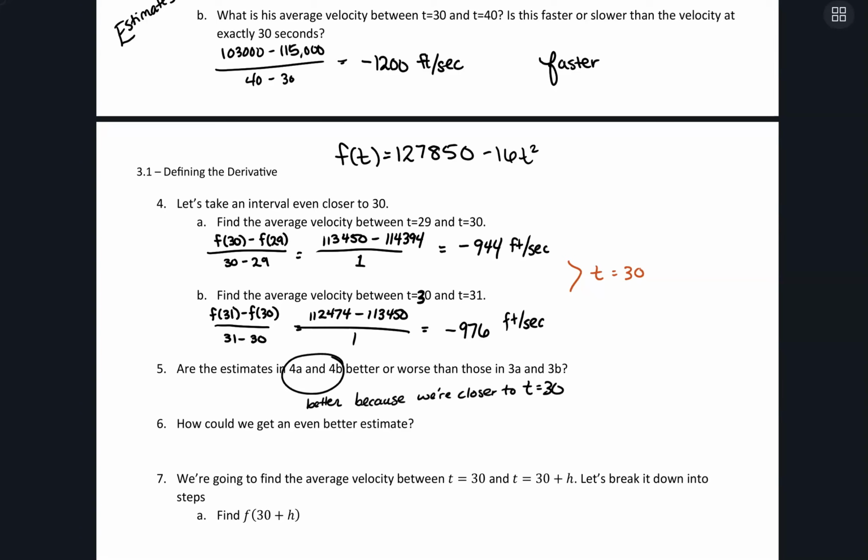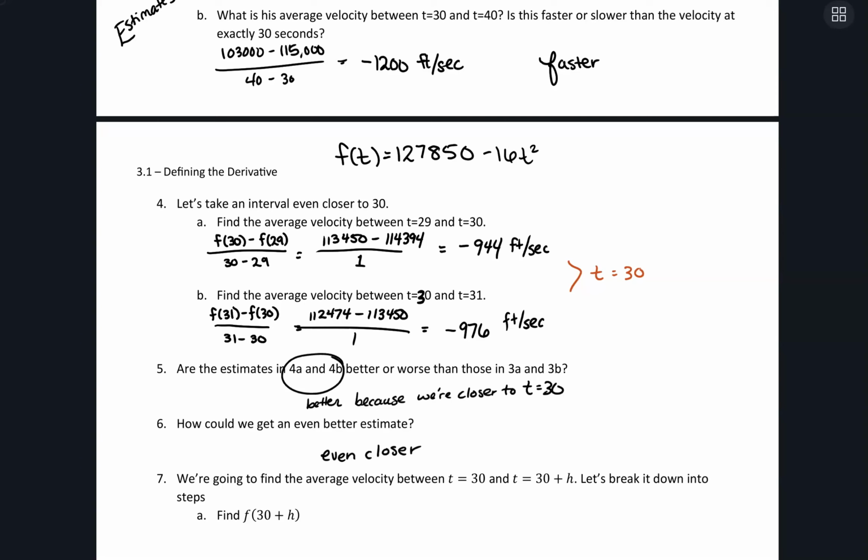How could we get an even better estimate? Well, we could get even closer. Instead of being 1 second away, what if we were half a second away, a tenth of a second away, a 100th of a second away? What if we just got closer and closer and closer?